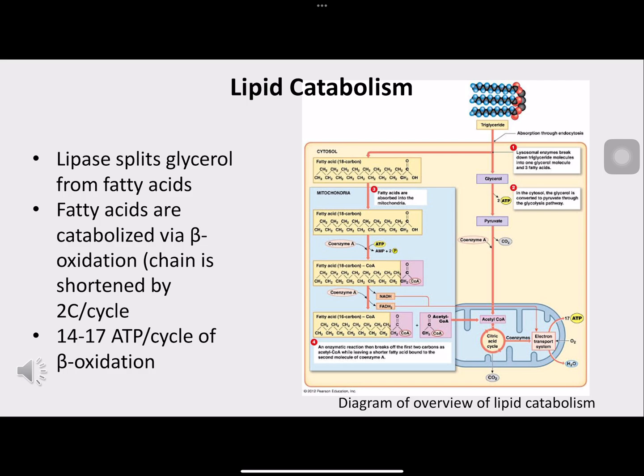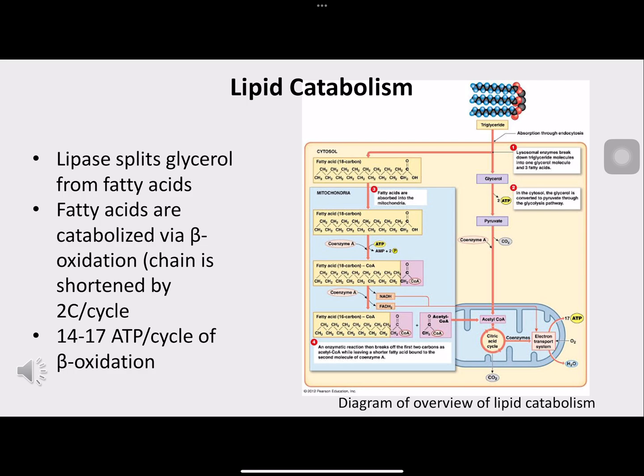And what we're going to do is cut off a 2 carbon part consisting of the alpha carbon and the carboxyl carbon. And that's going to occur between the alpha carbon and the beta carbon, beta oxidation.